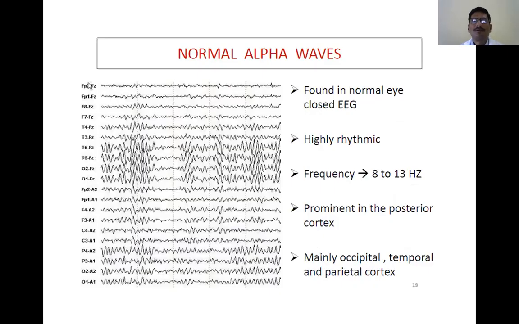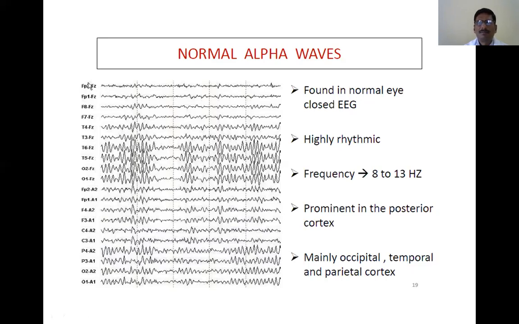So the normal alpha waves have a frequency between 8 to 13 hertz, and they're highly rhythmic, and found in normal persons with eyes closed. Whenever the eye is closed, then it will be the normal alpha wave. As soon as you start concentrating, or when you just open your eyes, the normal regular alpha rhythm will be blocked. It's called desynchronization, and an irregular wave pattern will be seen.